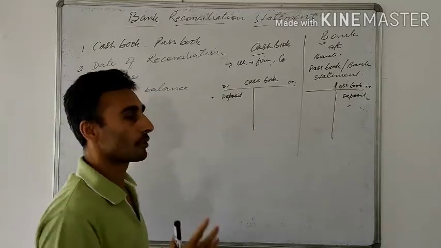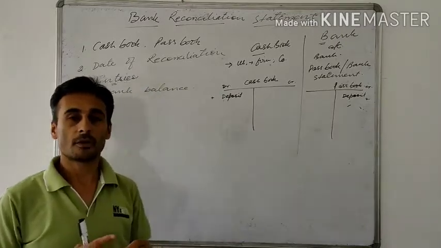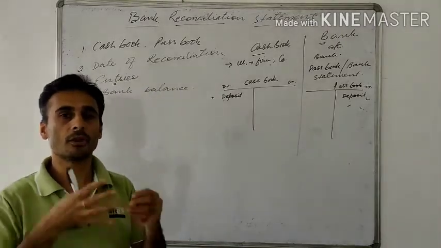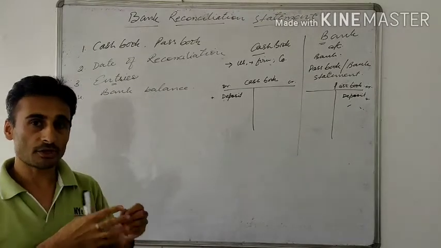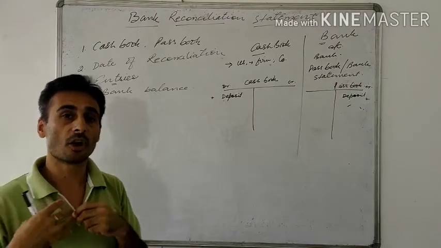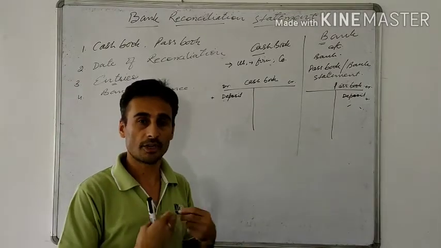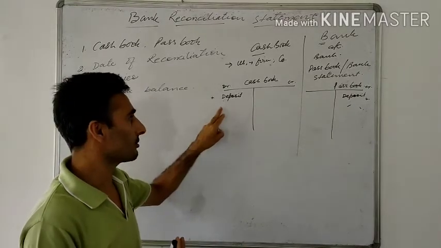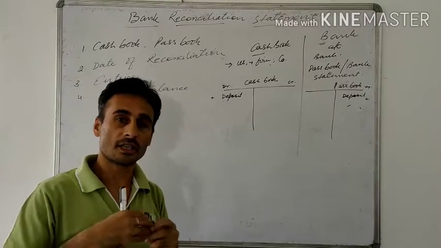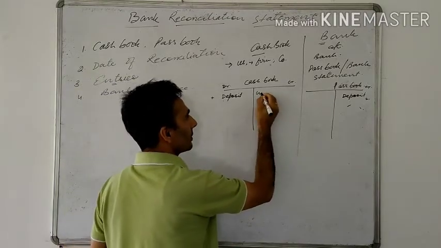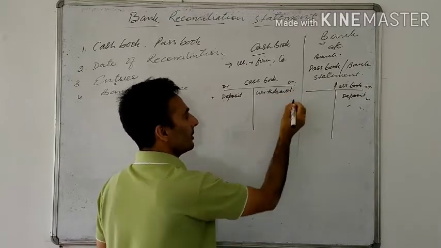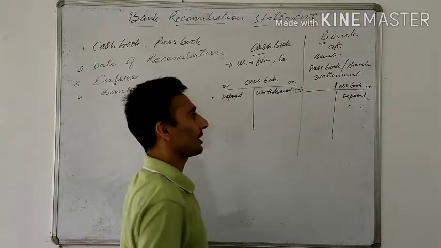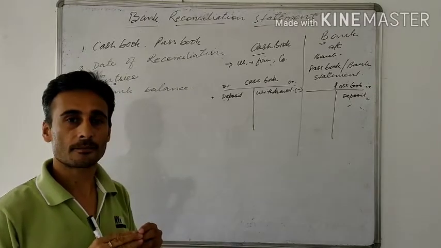Now if there is a withdrawal, money is withdrawn from the bank through check, right? When money is withdrawn, it goes out from your account. Money is going out, so debit what comes in, credit what goes out. So in the cash book, I will write down on the credit side, check withdrawn, which decreases my balance, so it is minus.